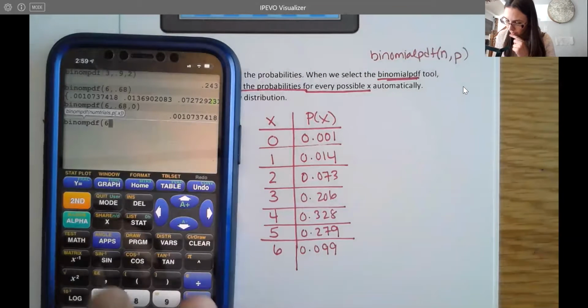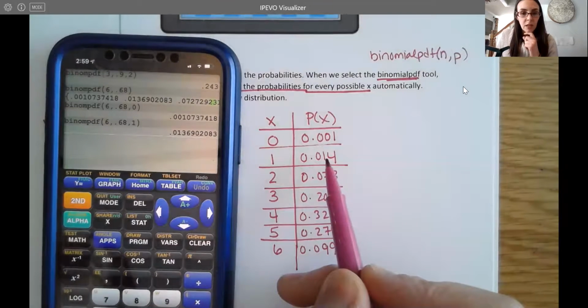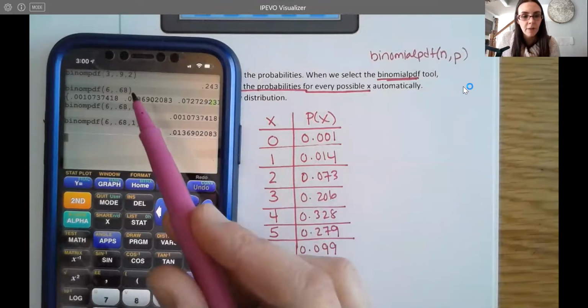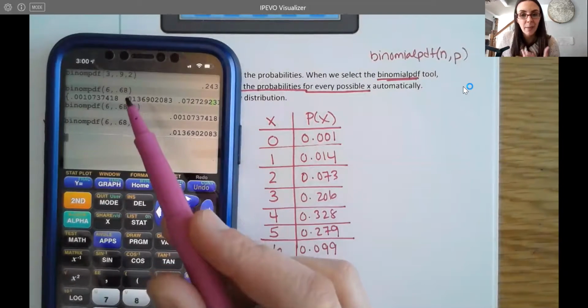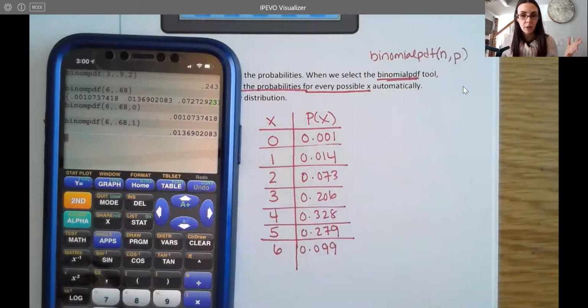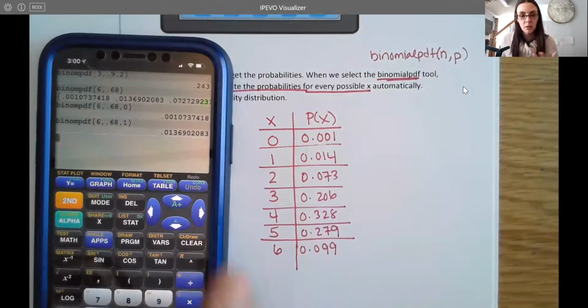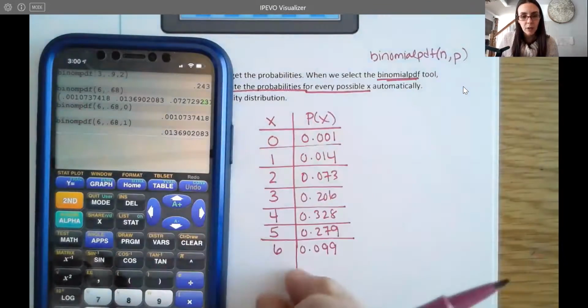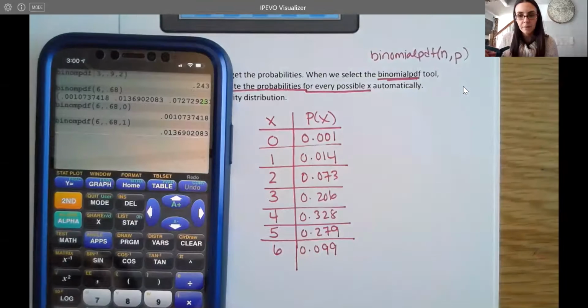So I can write my 6, my 0.68, and now I'll type in 1 for 1 success. And again, it'll give me my second answer. So if you want to do it one at a time, you can. But if you leave off the last piece, so if you don't tell it how many successes, it'll run the whole thing for you. But of course, you still need to know on your end what those values are. So set your table up first and then fill in the little probabilities.